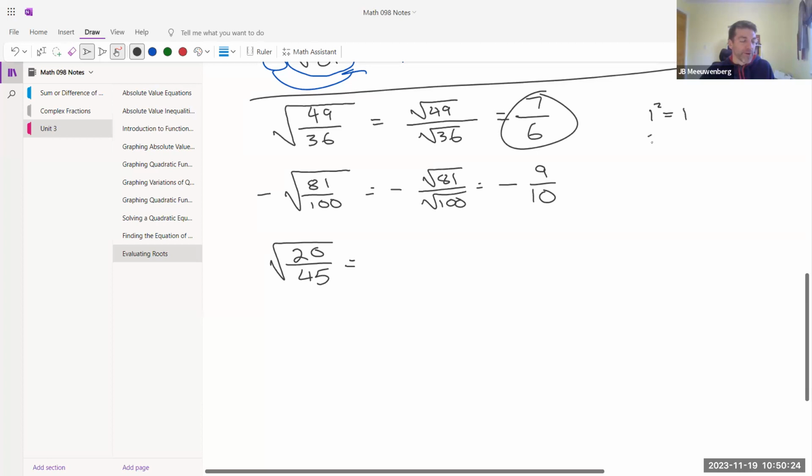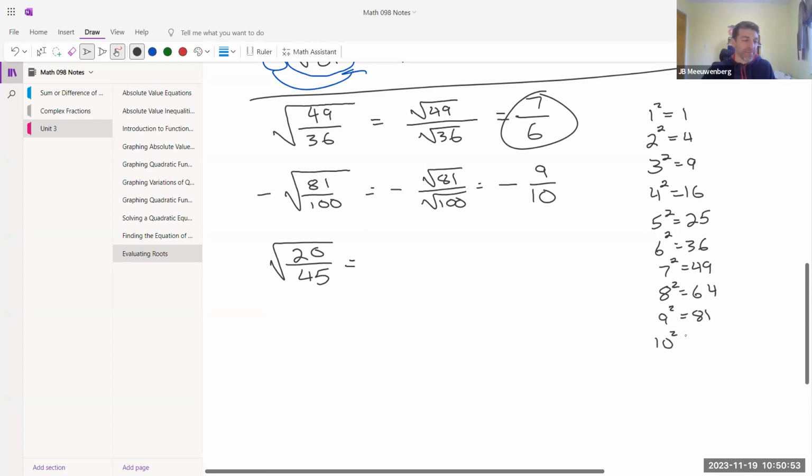And when it comes time for a test, write these on your paper at the very beginning, so you have the list of these perfect square numbers: 1, 4, 9, 16, 25, and so on, right? Put a list of these when it comes time for your test, and also even when you're working on your homework. Then you have a list of all of these numbers, and you can get them out of your brain, and you don't have to think about them anymore.